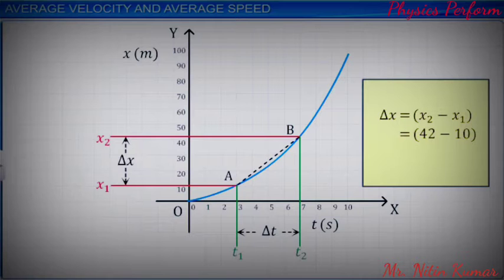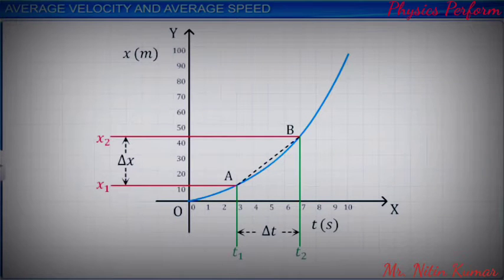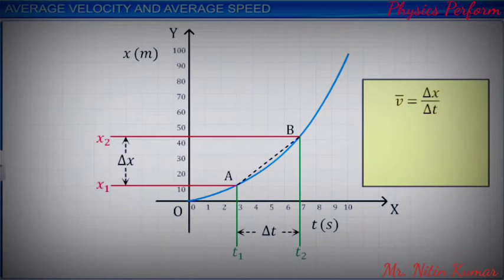Delta t is equal to t2 minus t1, which is equal to 7 minus 3, which is equal to 4 seconds. V bar is equal to 32 by 4, which is equal to 8 meters per second. V bar represents the slope of the line joining points A and B.